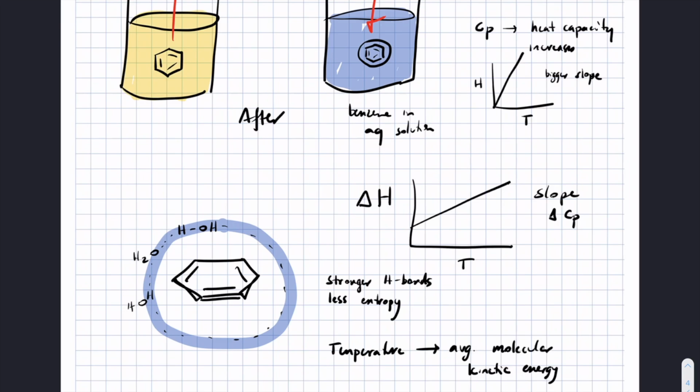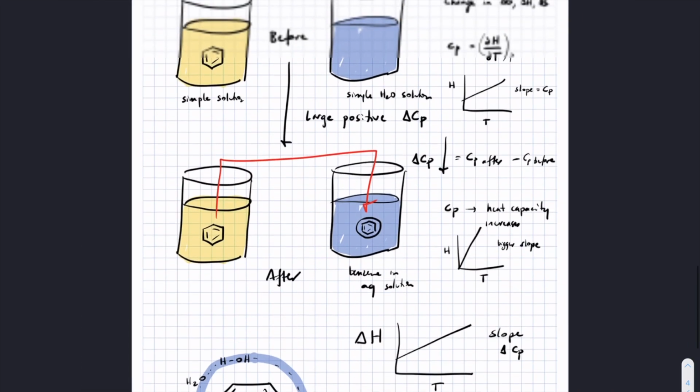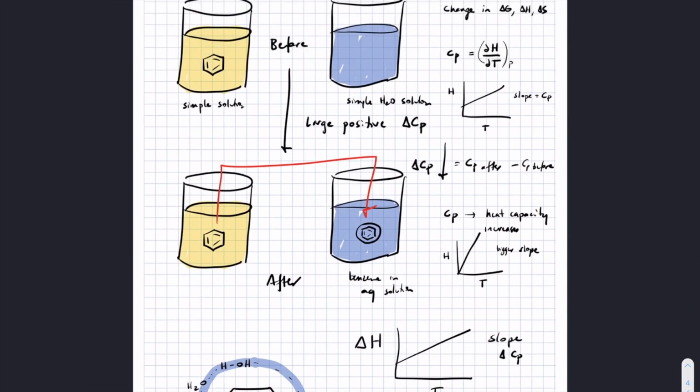Go ahead. So are we saying that dissolving benzene in water increases the heat capacity of the water or the benzene? The heat capacity of the water, because our before and after, the thing that is changing is the water solution.